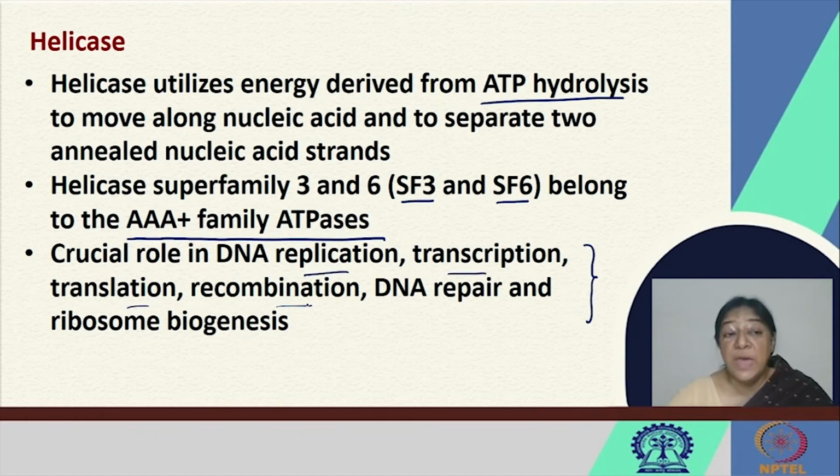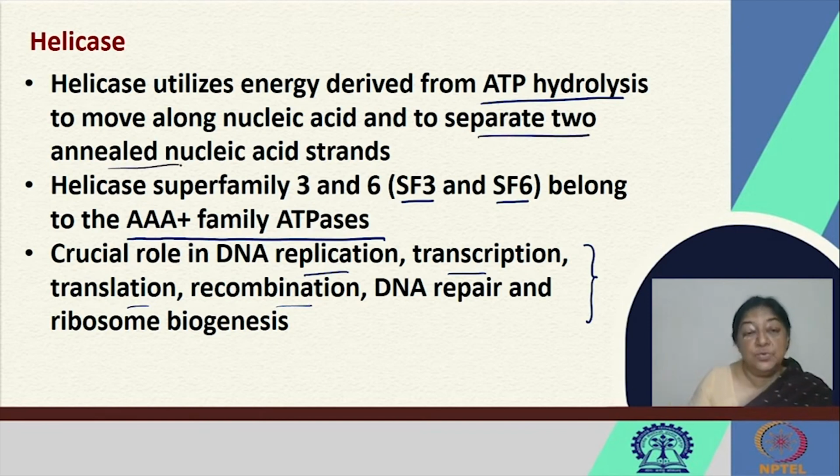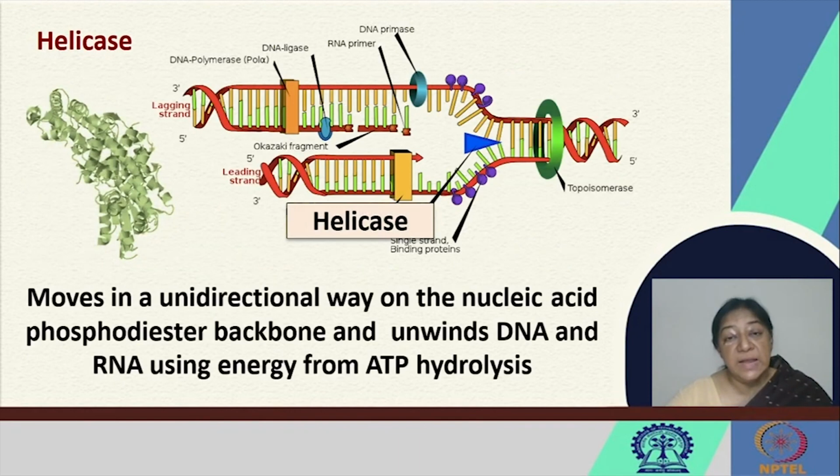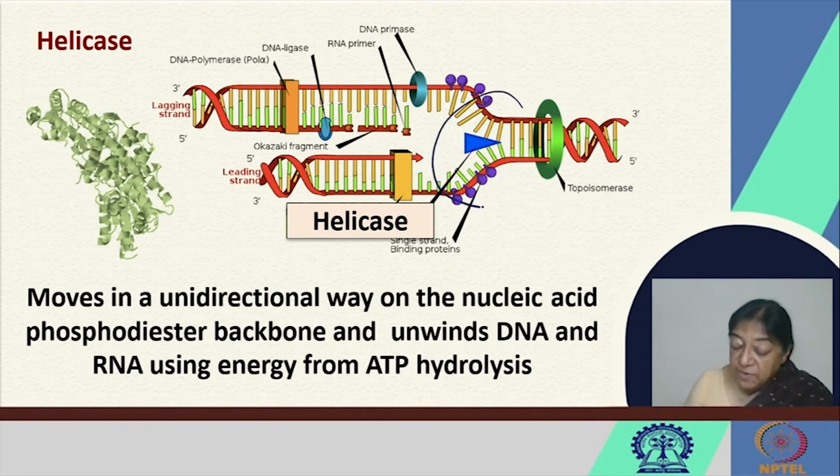So this is where we have a separation of the two nucleic acid strands of the DNA. So this is where helicase comes into the picture. So this is where we have the two strands being separated.